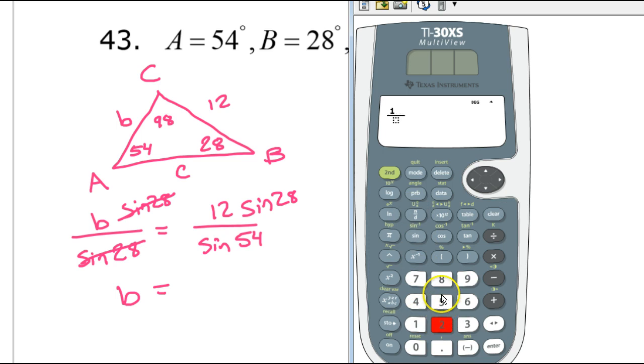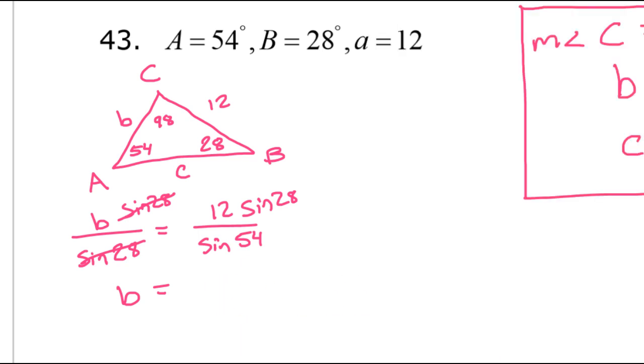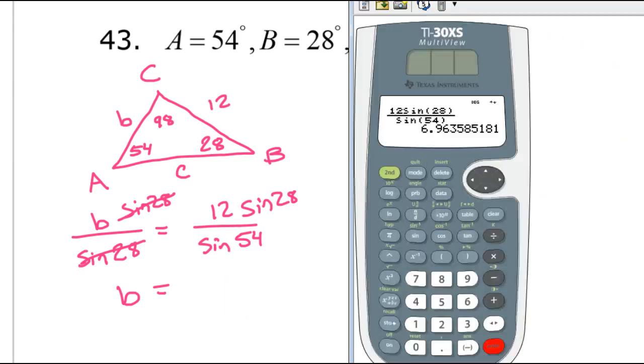So I will do 12 sine 28 over sine 54. Okay, so that is it. 6.964. Got to round up.